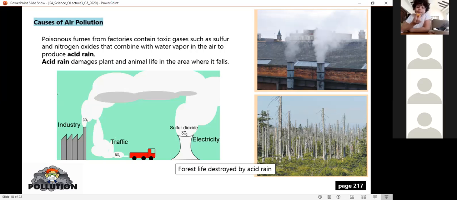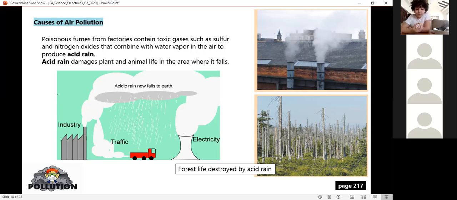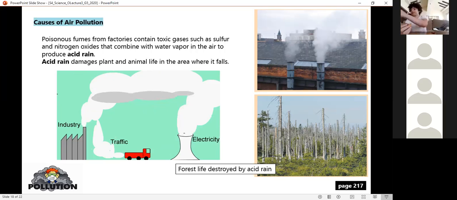These bad substances will rise in the atmosphere, in the sky, and they will combine with the water vapors found in the clouds. Then, when the rain falls, it will take with it all the harmful gases. So the quality of the rain is bad. That's what we call acid rain.